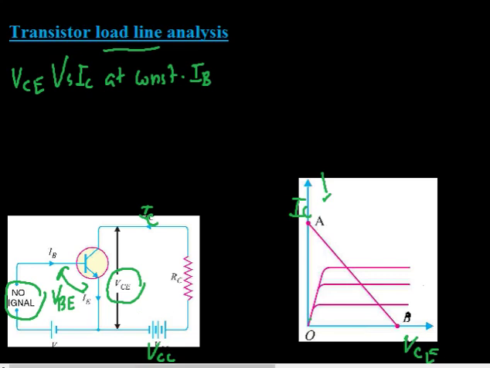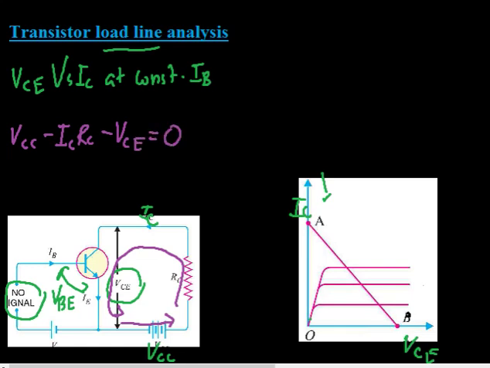If we start from here, then go like this, we can write VCC, and since the collector current is flowing towards the collector and we are moving in the same direction as the collector current, it is minus IC RC, minus VCE is equal to 0, or we can write the collector emitter voltage VCE is equal to VCC minus IC RC.